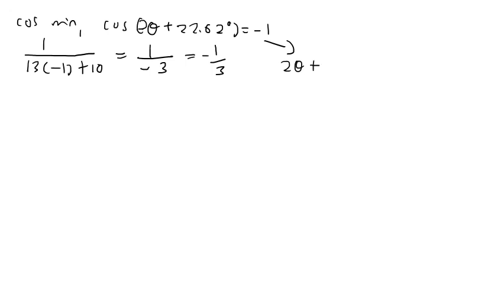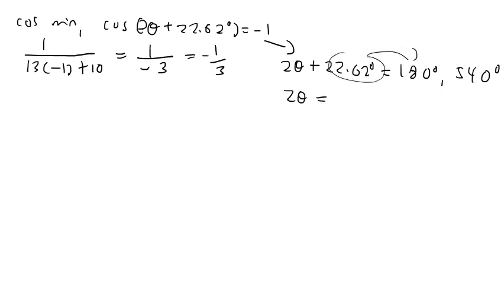So 2 theta plus 22.62 equals, remember the previous question, it is actually 180 and 540 when cos is negative 1. So subtract 22.62, bring to the right side. So here we got 157.38, and the other value is 517.38. So lastly, when we divide by 2, then we got 78.69.